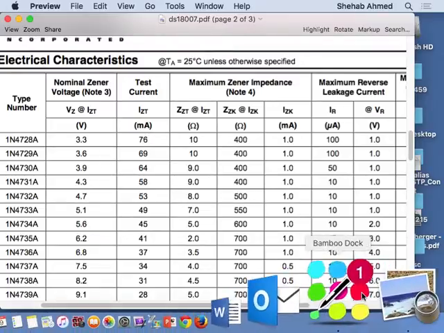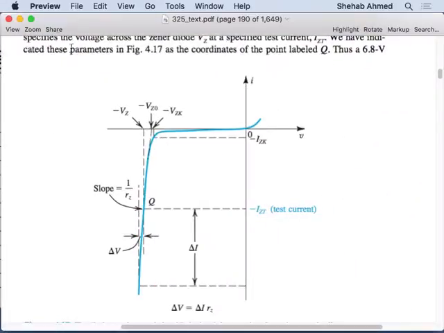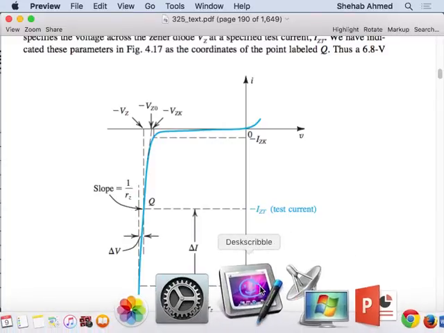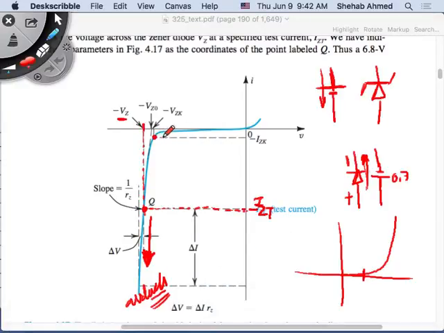So let's look at what they gave us. They gave us the current at the knee, IZK, and the test current, and they gave us VZ, and two impedances. One of them is this slope here. Remember, this is the slope of this line.